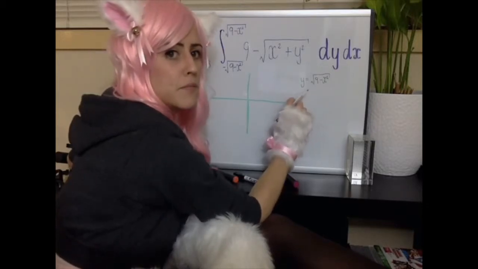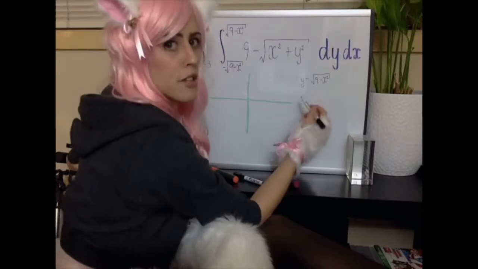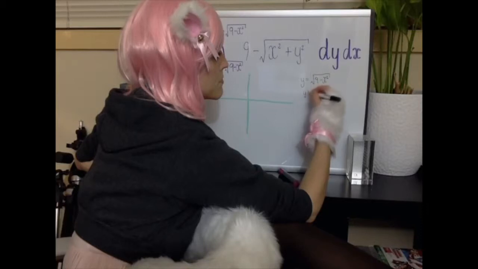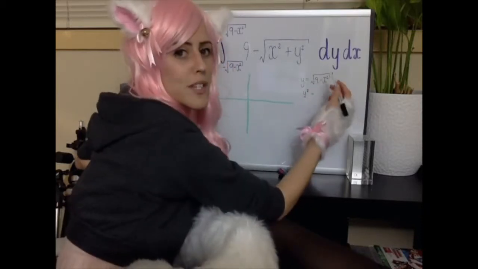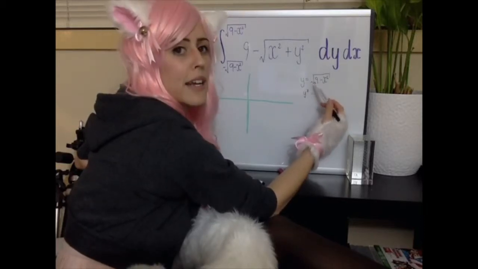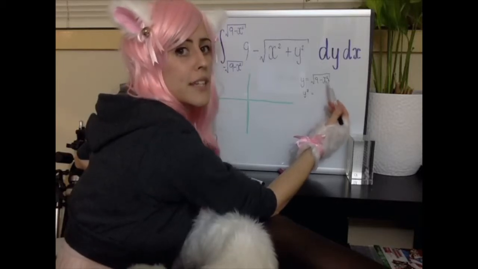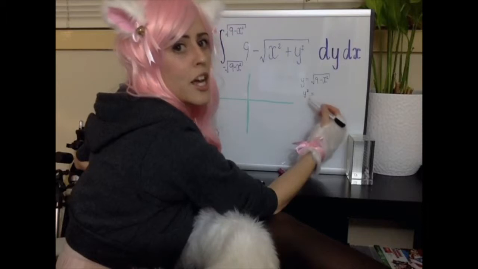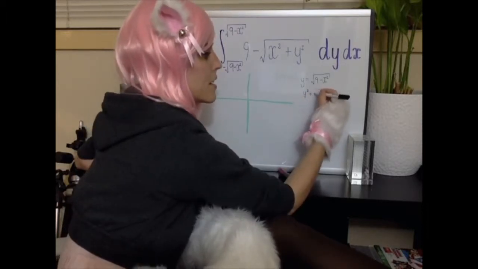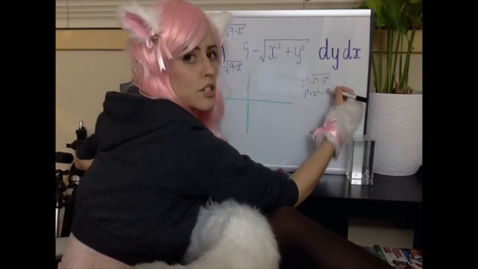So that's the upper limit, and we want to rearrange it into the equation of a circle. First we square both sides, and that will give us y squared is equal to 9 minus x squared, and then we can bring the x squared onto the other side so that we get y squared plus x squared is equal to 9.